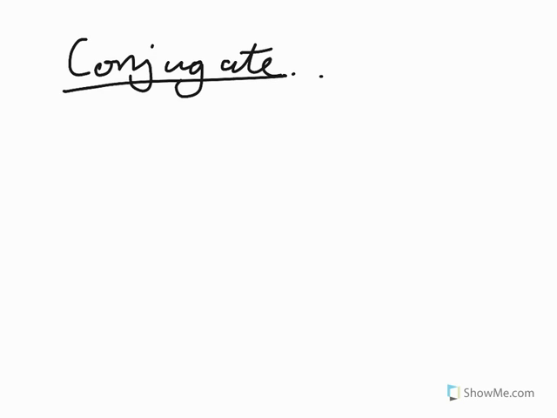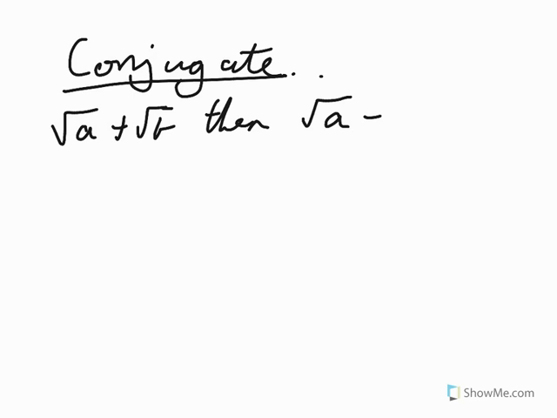Okay, so we have a thing called a conjugate. So if we have square root a plus square root b, then square root a minus square root b is the conjugate.